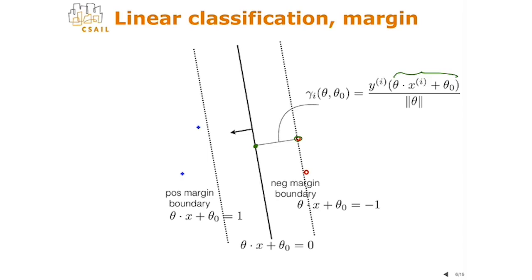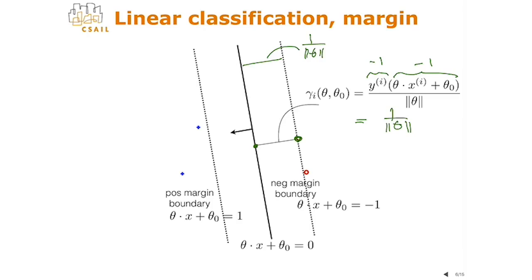So if we divide by the norm, we get a measure of distance traveled from the decision boundary. In this case, however, the actual value is negative, exactly -1 on the negative margin boundary. So if we multiply that with the negative label of that point, we get a measure of distance that point lies from the decision boundary. Okay, so the margin boundaries are really 1 over norm of theta apart from the decision boundary.